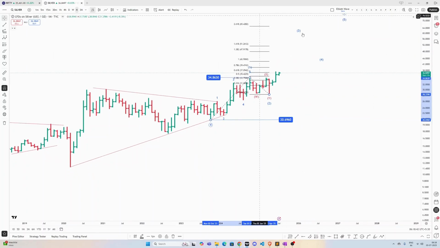And if it extends beyond, then we have all these levels, but the two levels that we consider typically are equality and 1.618 times. If it is something different, then we will see it at that time.